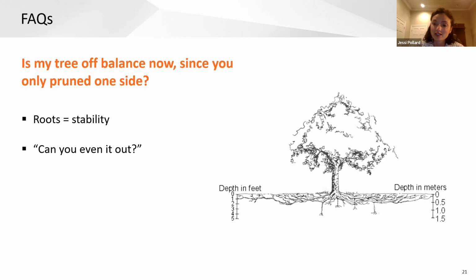It's not for aesthetics. We do prune to a standard, but it is not for aesthetics. We do our best to try to leave things looking in a nice way, but it is going to change the shape of the tree. And if that customer desires to have the tree evened out on the other side, that's something that they have to do on their own.